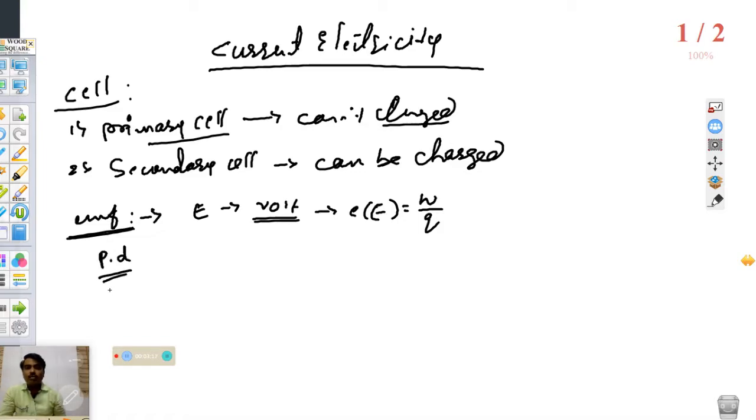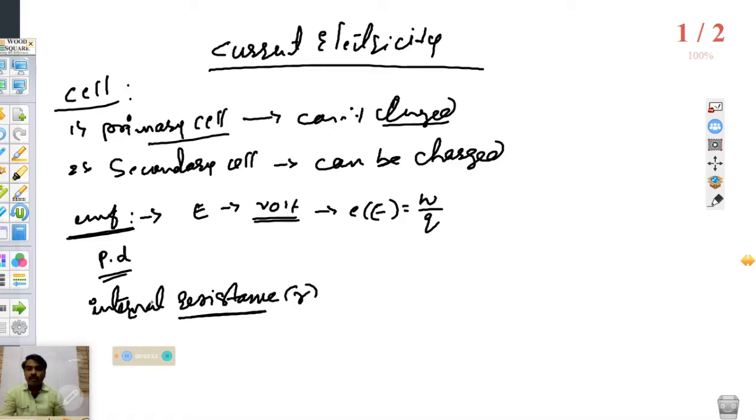And one more important quantity exists here, called internal resistance. Internal resistance is the opposition offered by the cell itself to the flow of charges. It is there for all batteries or cells, and it varies with respect to different parameters.